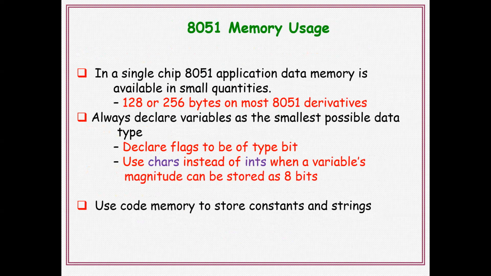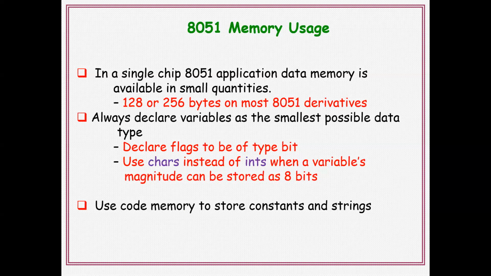And next one is 8051 memory usage. In a single chip 8051 application, data memory is available in small quantities, that is 128 or 256 bytes on most 8051 derivatives. Always declare variables as the smallest possible data type because limited memory is available. Declare flags to be of type bit because a flag is 1 bit.